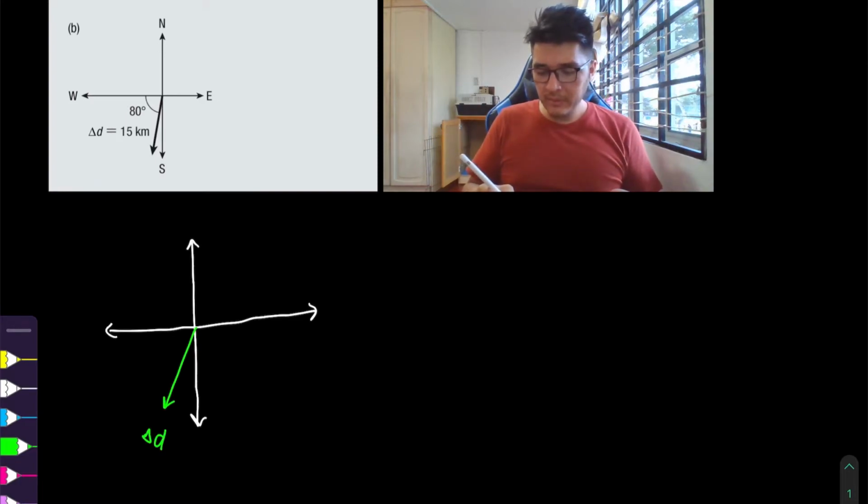Our displacement vector in this case is 15 kilometers. The angle that they gave us is 80 degrees.